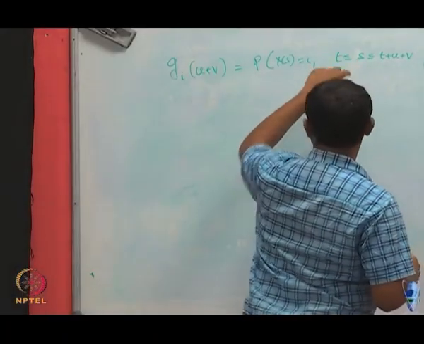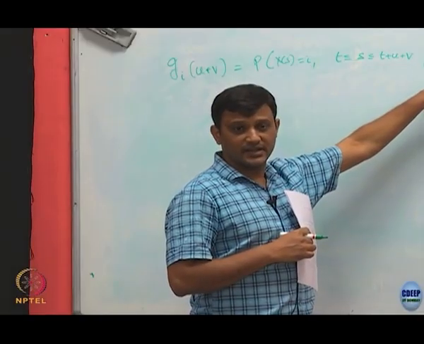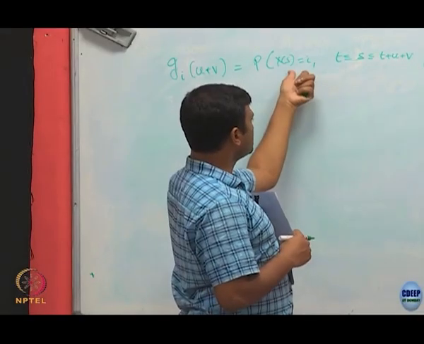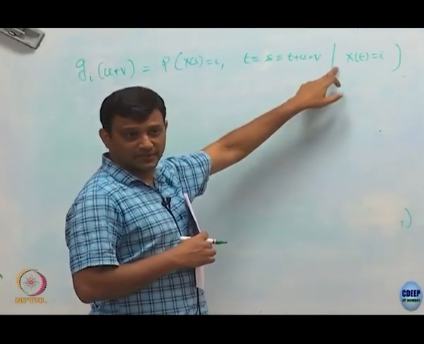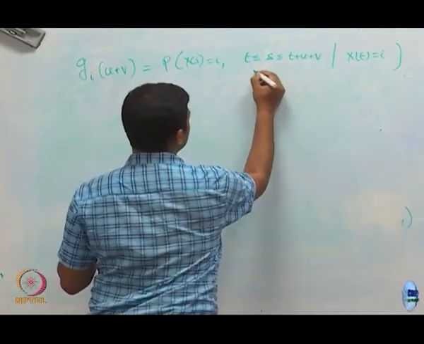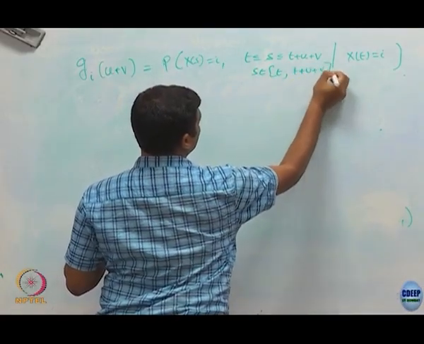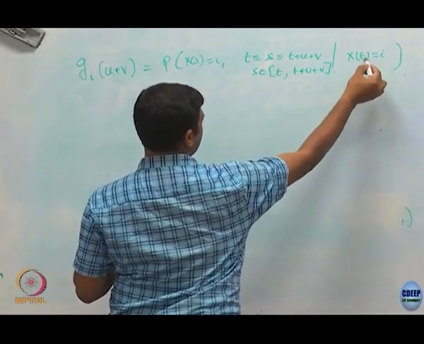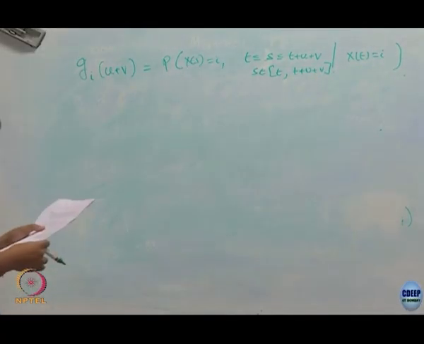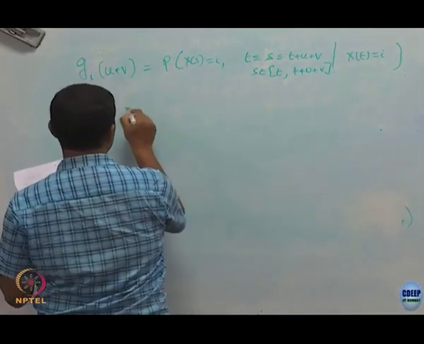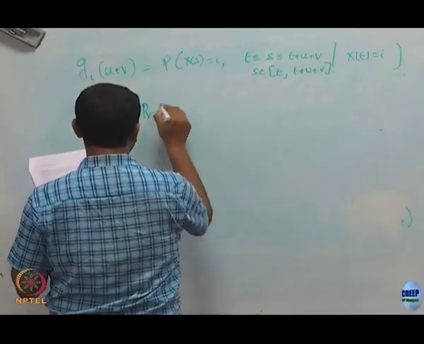I am going to define this probability as follows: given that I am in state i at time t, I continue to stay in that state i in the interval t to t plus u plus v. Alternatively, this is nothing but saying I was already in state i at time t, and I will continue to stay in that state in this interval. So this one you can simply expand again by the chain rule.